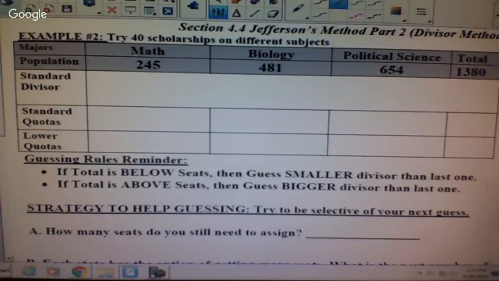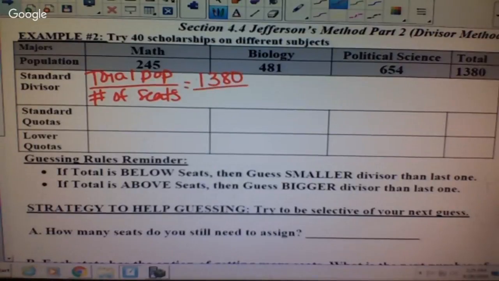So when you get a problem and you're doing Jefferson's method, your first step is to get that standard divisor. So again, your standard divisor is the total population divided by the number of seats. What's my total population here? 1,380. 1,380 is my total.